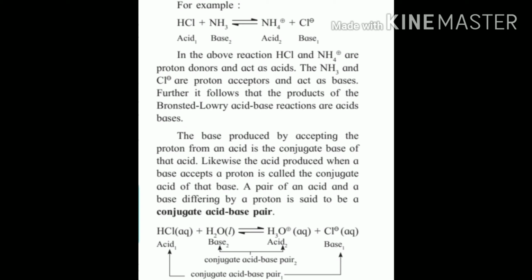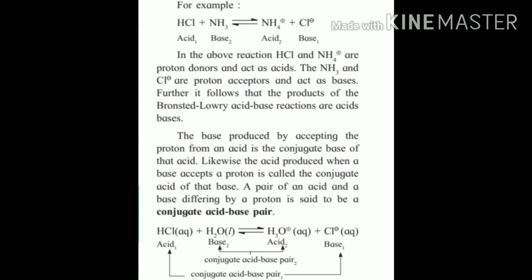Now NH4 plus becomes an acid here because it has accepted the H plus, and because Cl has given the H plus, hence it becomes a base. Now here the base that is produced by donating the proton from its acid is called the conjugate base of that acid.